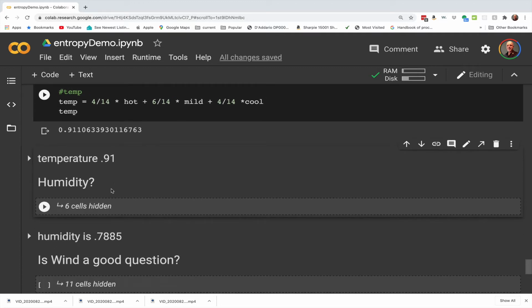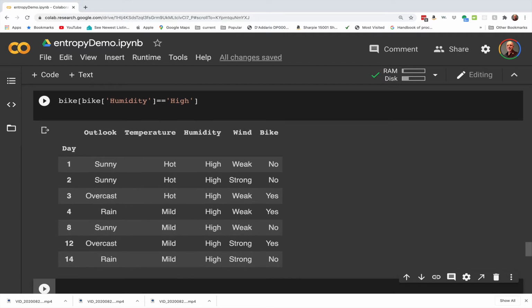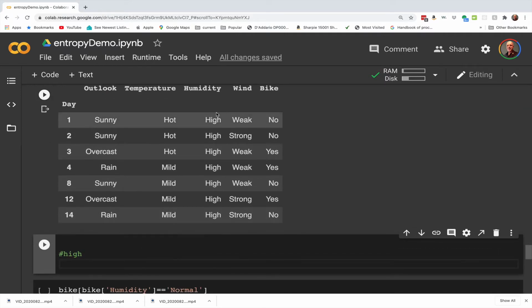But there's a few more we can check. So let's check humidity. Here I just list all of them. The person didn't mountain bike 1, 2, 3, 4 times. And they did mountain bike 1, 2, 3 times. So it's 4 and 3 with high humidity.